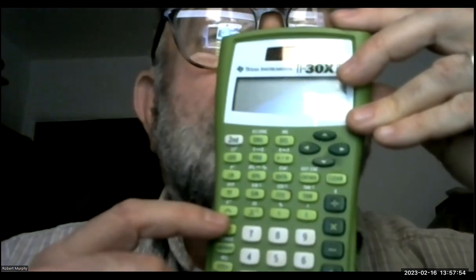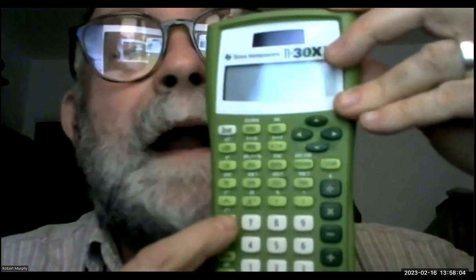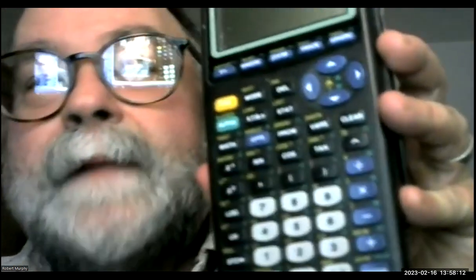On your standard keyboard, I think it's the number 6. I don't know why they call it a caret. It's the same button on the fancier Texas Instruments calculator.